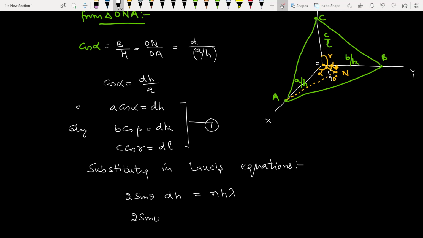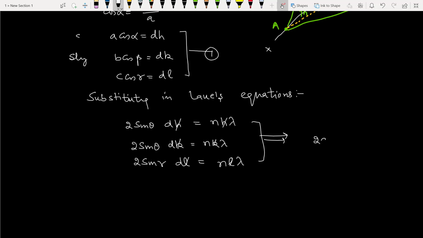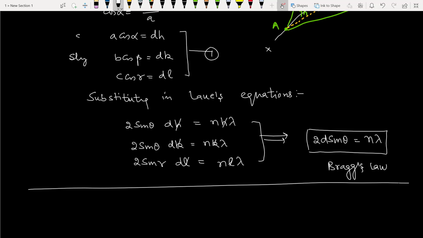Similarly, 2 sin theta dk is equal to nk lambda, and 2 sin theta dl is equal to nl lambda. If we cancel the terms, all three equations lead to 2d sin theta equal to n lambda, and this is nothing but Bragg's law. This Bragg's law has been derived from the Laue equations.